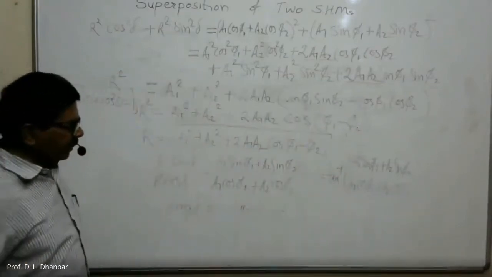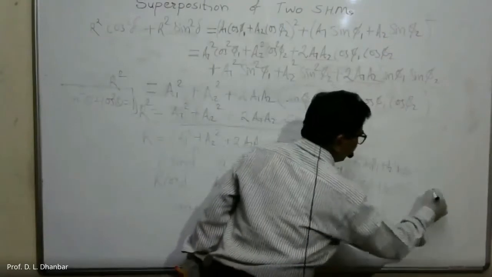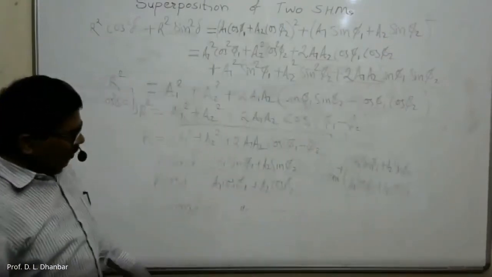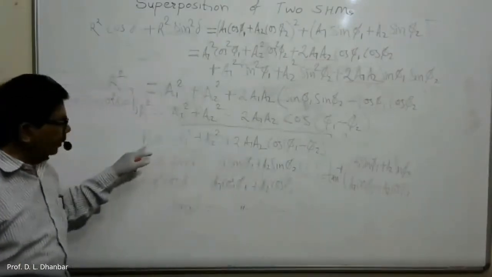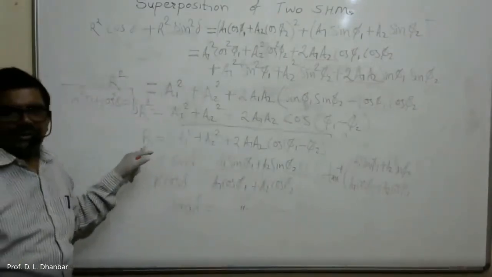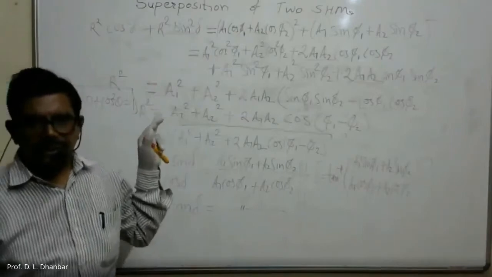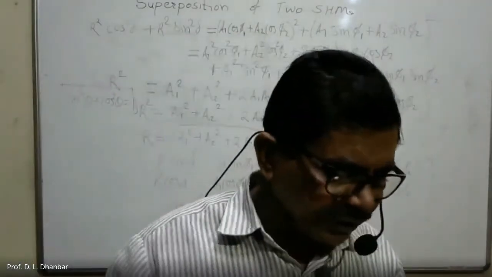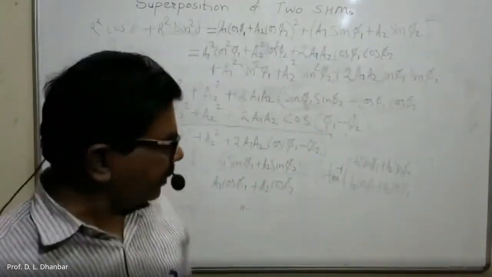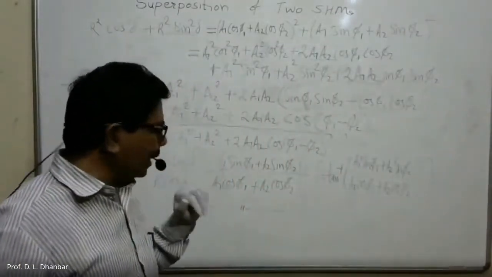By using this equation you can find the resultant phase, and by using the earlier equation you can obtain the resultant amplitude of the given two simple harmonic motions. So these are the equations for capital R and delta.